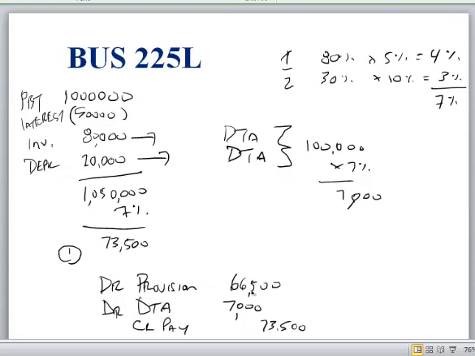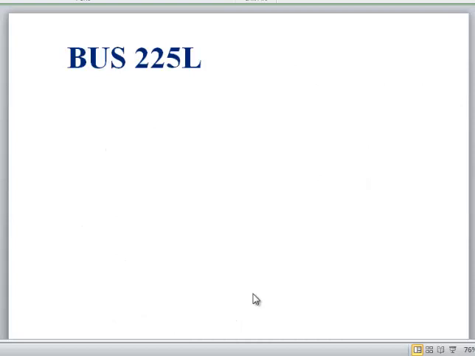Right? Okay, I'm done with my state provision. We good with that? That's the easy part. Okay, so we have a state payable of 73.5 and state deferreds of a 7,000 asset, right? Okay. So now we're going to go do our federal provision.